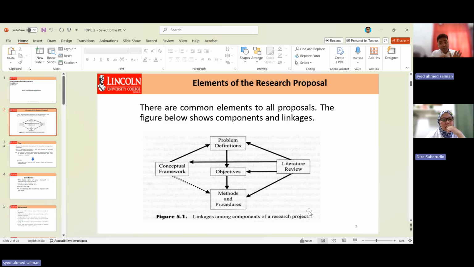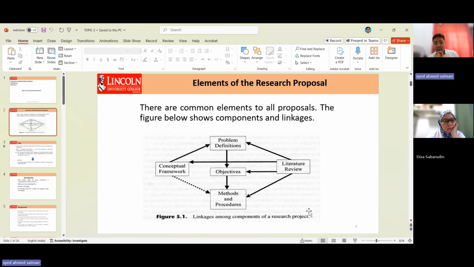So, in order to develop the research objectives, you should have your problem statement. You cannot develop the research objectives without the problem statement. So, the problem statement is crucial in order to develop the objectives.